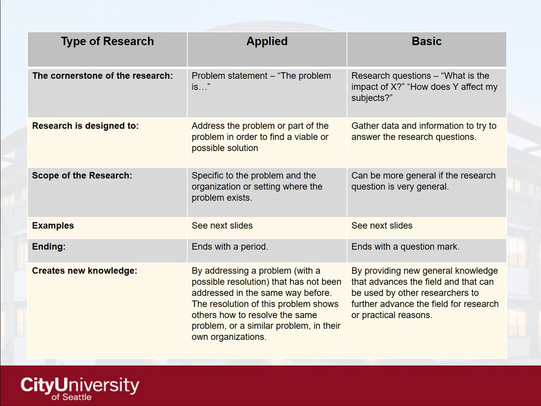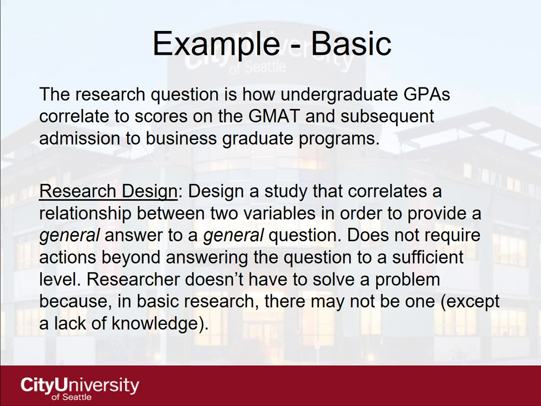In basic research, by providing new general knowledge, it advances the field, and other research can use it to further advance research or for practical reasons. So basic and applied are somewhat related, but the key is that basic research doesn't address a specific problem, whereas applied does. So let me give you some examples that might clarify this.